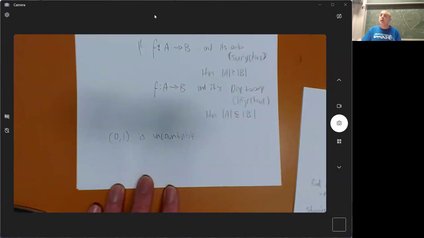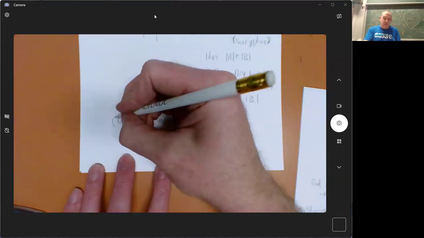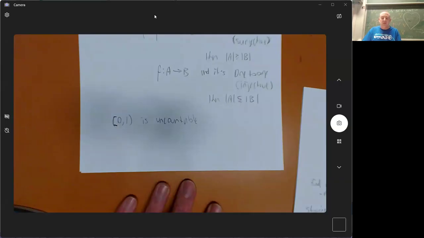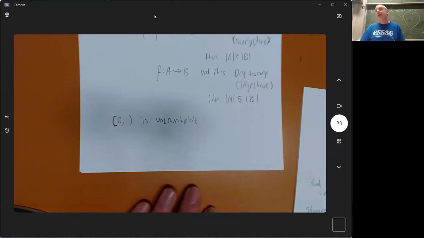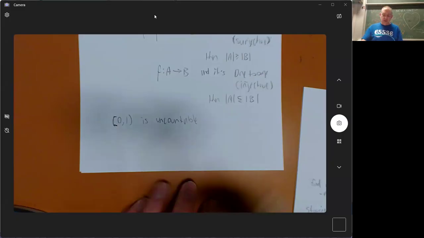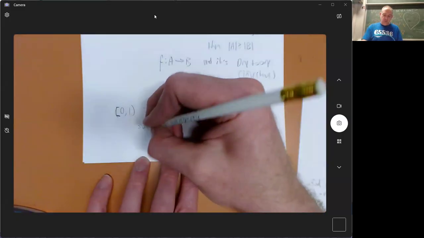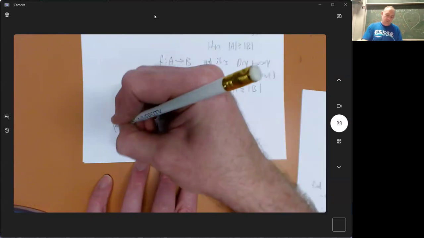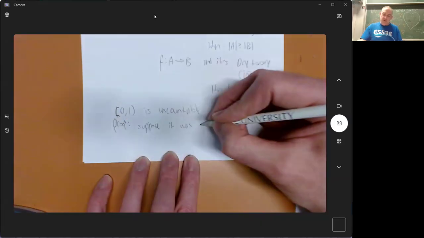Is uncountable. Well, actually, I think it technically includes 1, where each number has a representation with a decimal expansion, and if you have a choice between infinitely many 9s or infinitely many 0s, you choose the one that has 0s on the end. Not that it matters, but you just have to make a choice. So suppose it was countable.